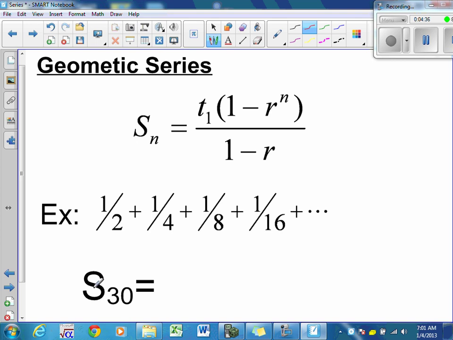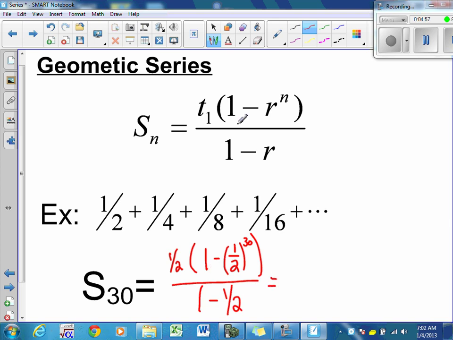So if we want to find the sum of the first 30 terms, we have 1/2, 1 minus 1/2 to the 30th, all over 1 minus 1/2. Now, the biggest problem people have here is putting stuff in the calculator, because of the parentheses and the fractions. It really messes people up.